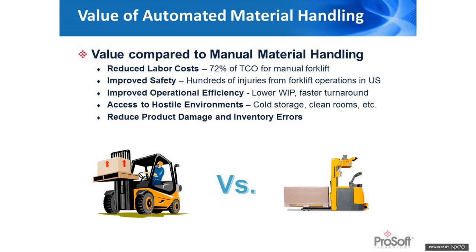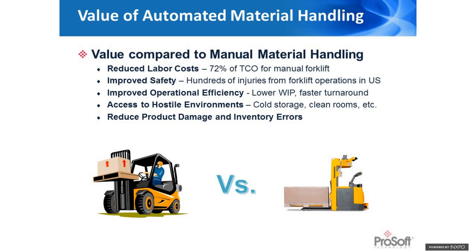Access to hostile environments is another big driver for using an automated system. When you have cold storage, for example, in food storage, refrigerated or freezer warehouses, having people driving fork trucks in there is kind of a tough environment to be working in. So an automated system eliminates the need for that.